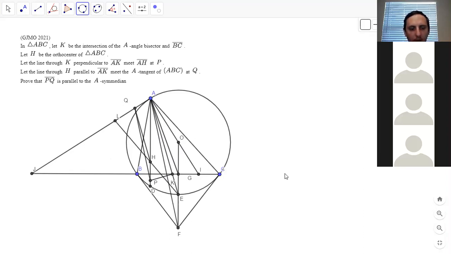I think it might be a little tricky doing it that way. Yeah, let's first see if we can do it synthetically. Otherwise I might start writing up the trigonometry solution.